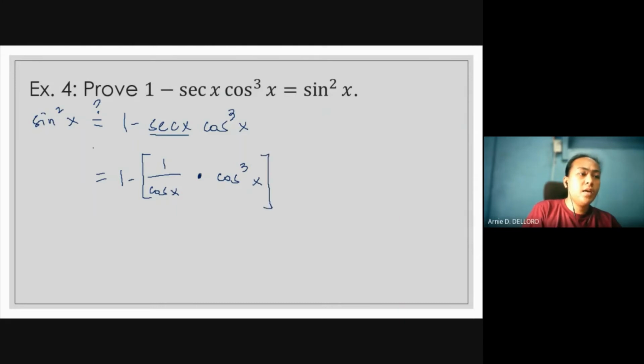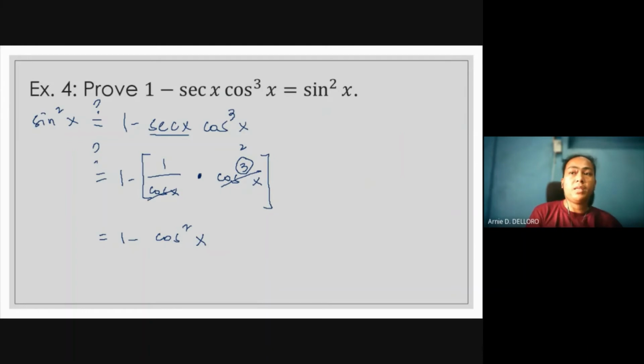So, hindi natin alam kung equal sila. So, we have 1 over cosine x times cosine cube x, di ba? Using exponential laws, matitira dito, since na-cancel yung isa, this 3 will now become 2. So this will become 1 minus 1 times cosine squared x.